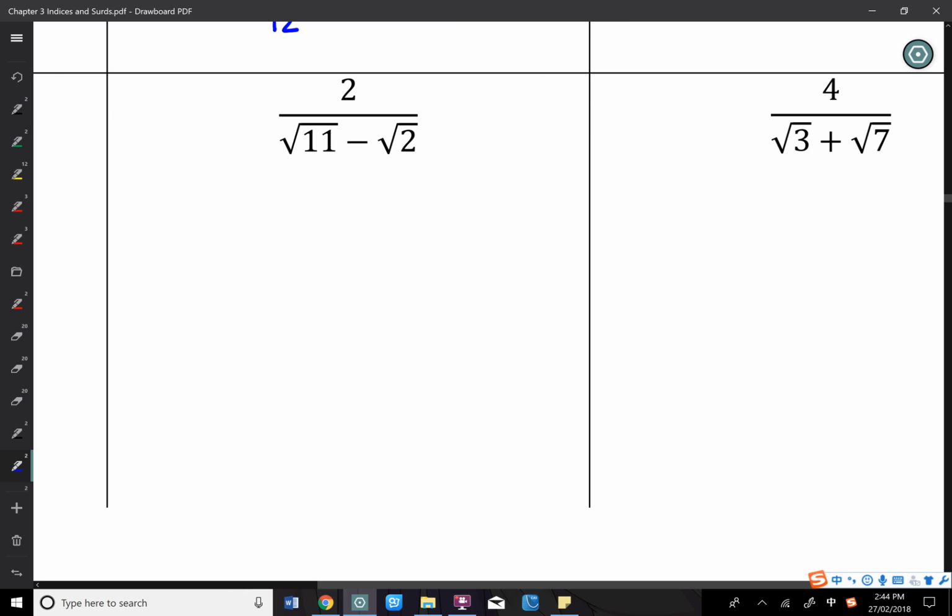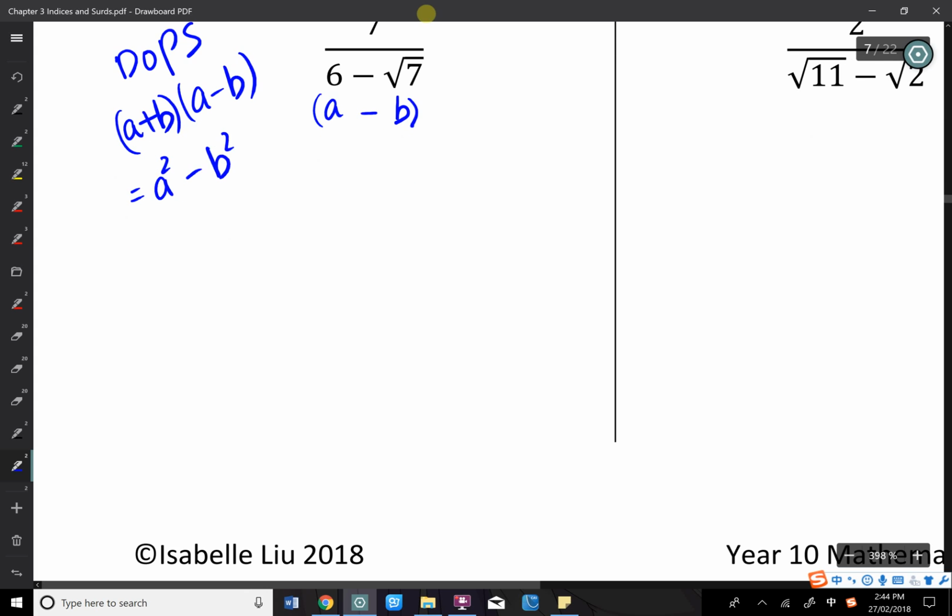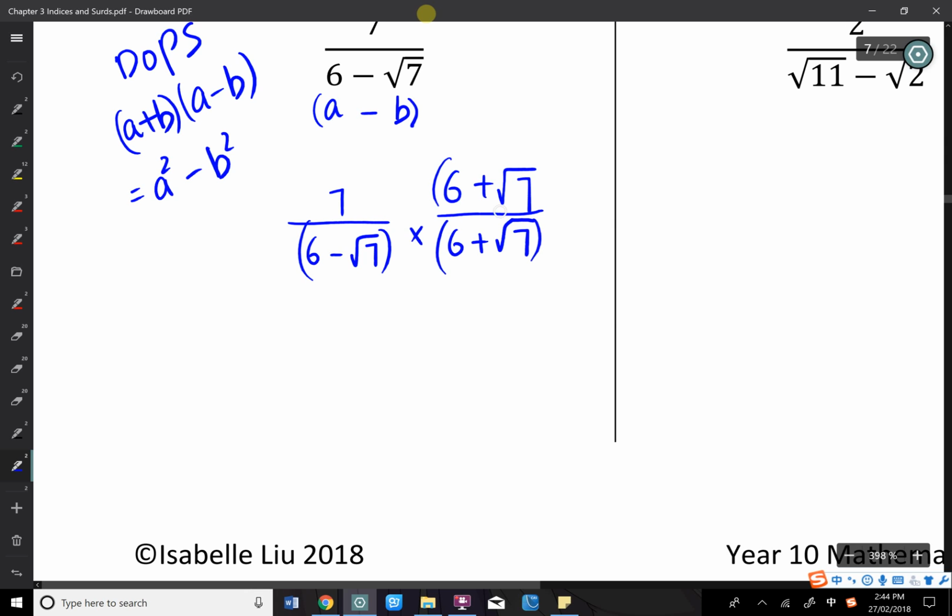So what we will do is we use this formula. So this one we can treat as a minus b. So what I will times is a plus b. Okay, so I'll bracket everything. We just times the other version.